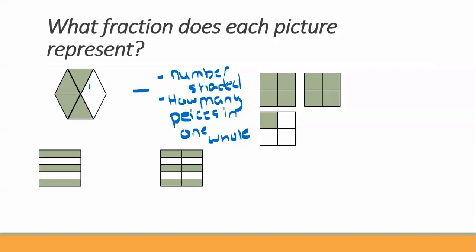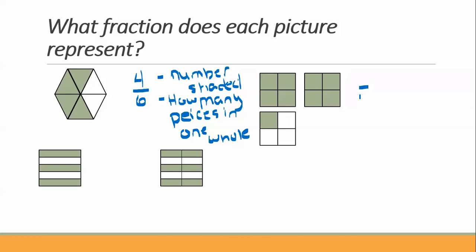So in this one, there's 1, 2, 3, 4 shaded. And there's 1, 2, 3, 4, 5, 6 total pieces. In this one, there's 1, 2, 3, 4 pieces in one whole.